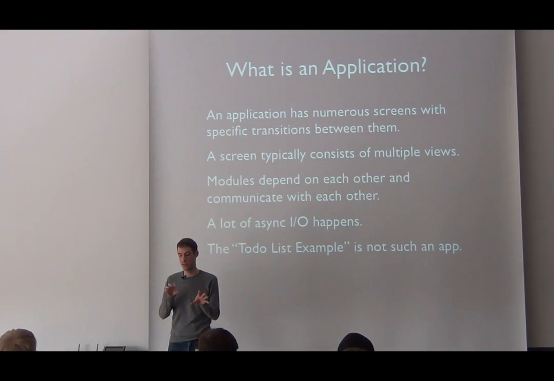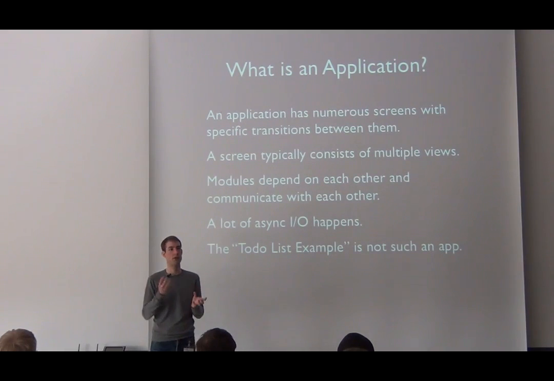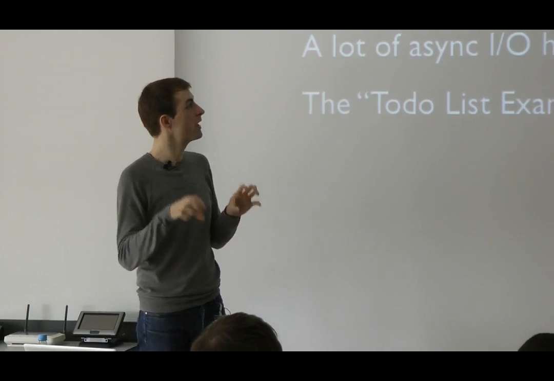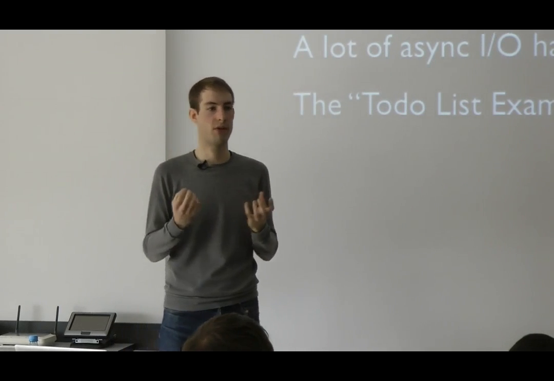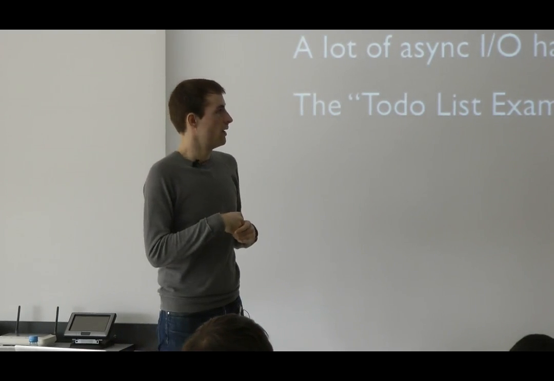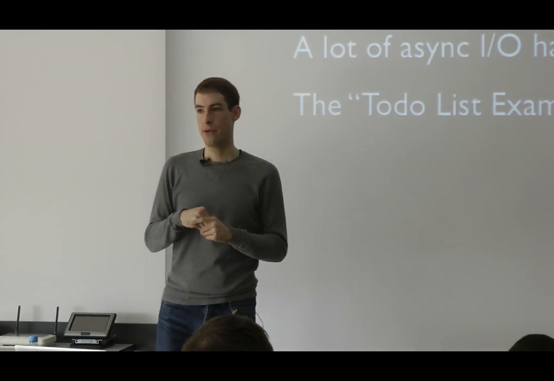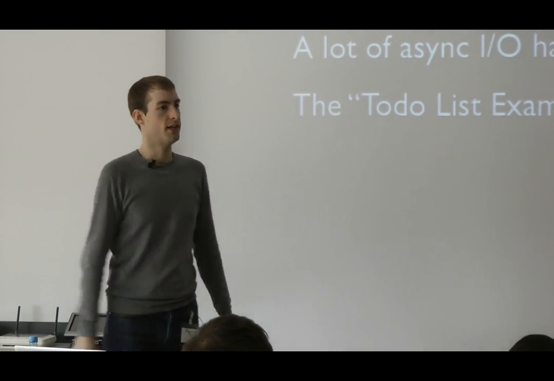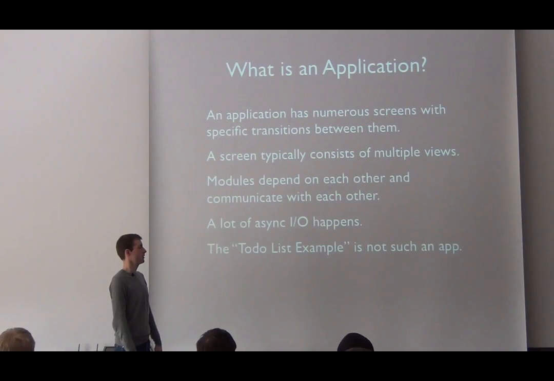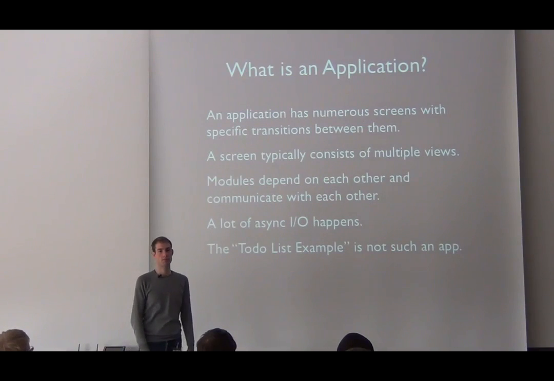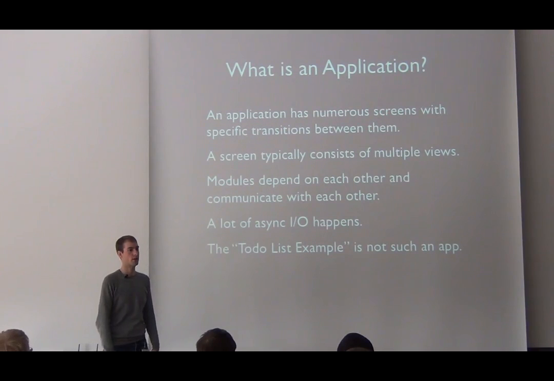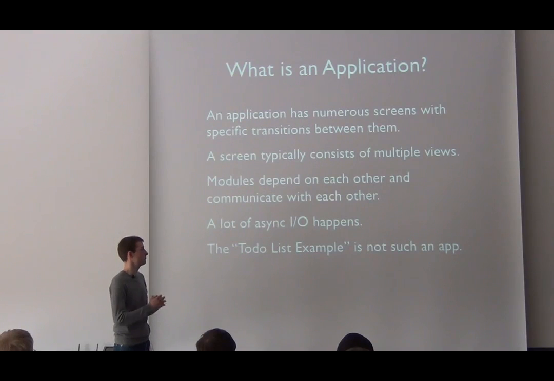These views mostly correspond to some modules which have to communicate with each other. And of course, we're on the web and we're using different APIs, mostly our own APIs on the server, but also different web services or widgets from third-party companies.